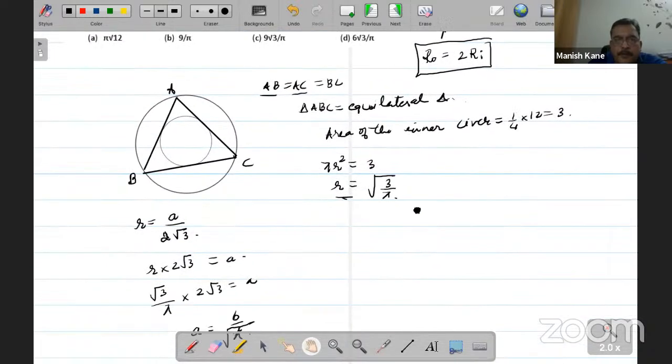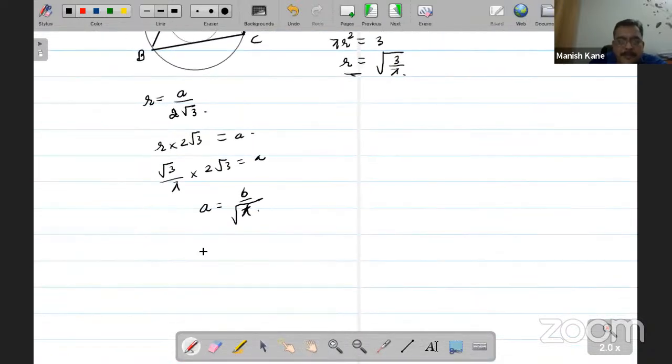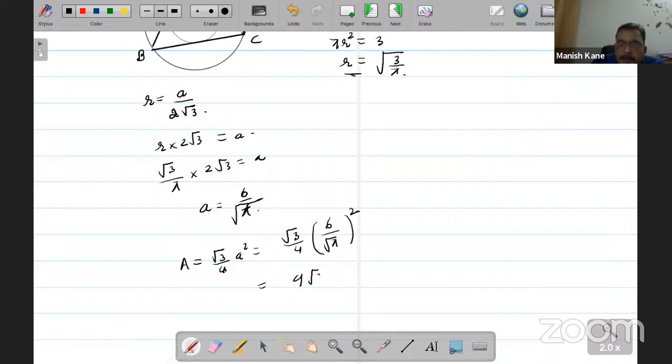You have to find out the area of triangle ABC. So area of an equilateral triangle must be root 3 by 4 a square, which is root 3 by 4 into 6 by root pi square. And what do you get? 9 root 3 upon pi, which is your required area.